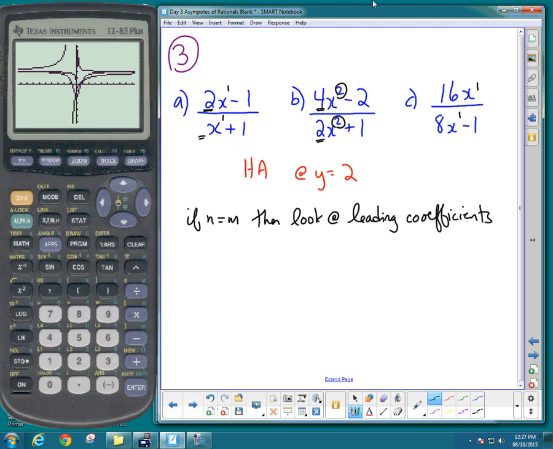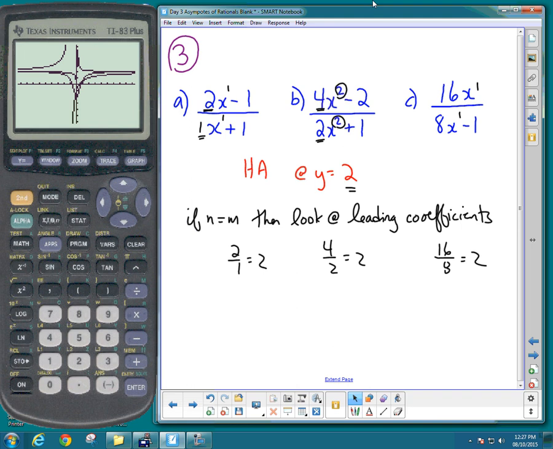You'll notice in the first one, it's 2 over 1. So 2 divided by 1 is 2, and the horizontal asymptote was 2. In B, it is 4 over 2, which is 2, and the horizontal asymptote is at 2. And for C, we had 16 and 8 as the leading coefficients. Divide those, you get 2.